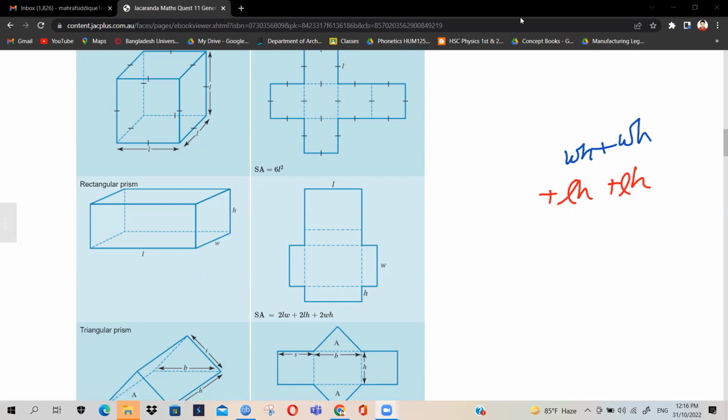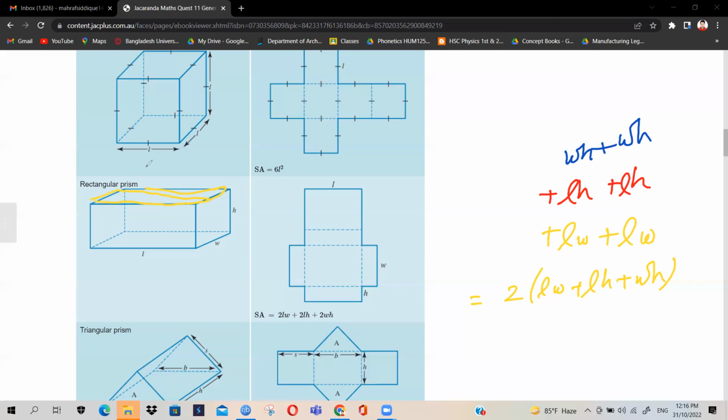So that would be LW plus LW. So eventually you will get 2 times (LW plus LH plus WH).